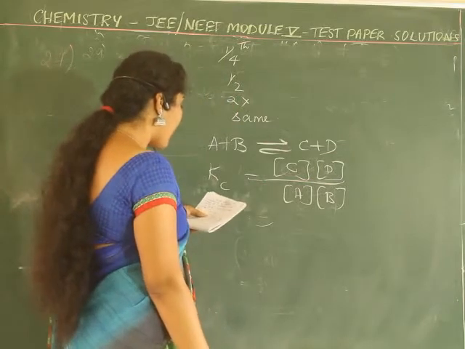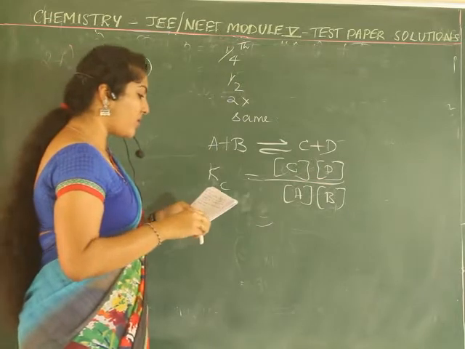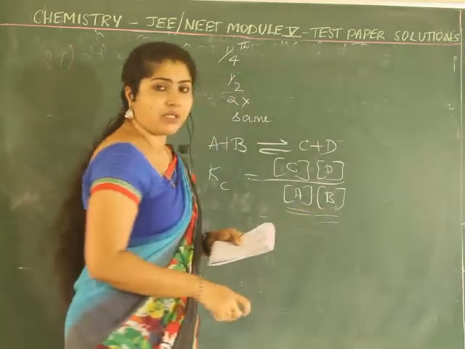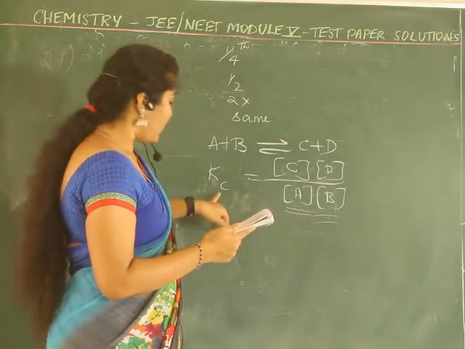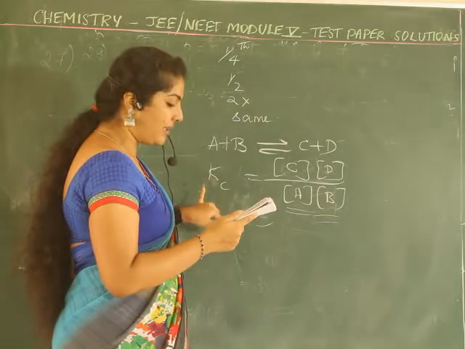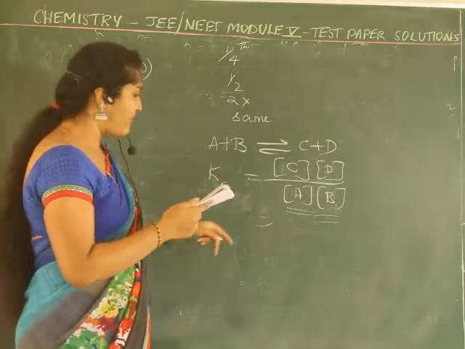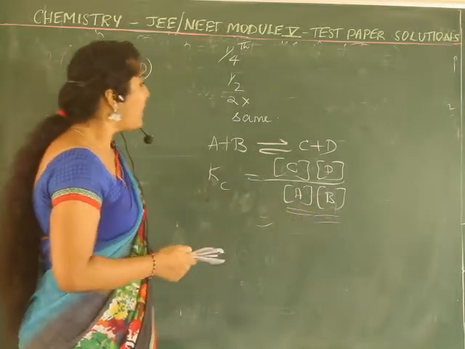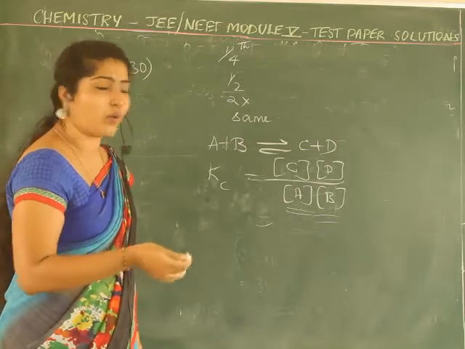They have asked, if the concentrations of the reactants are doubled, that means A and B are doubled, then what happens to this concentration term? The rate of the forward reaction increases even more, isn't it?